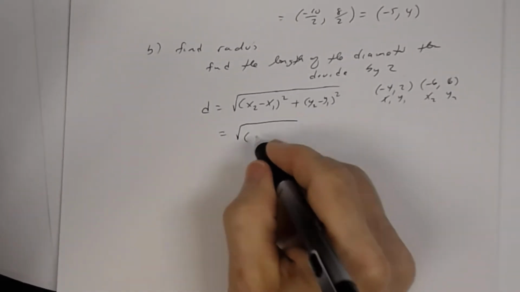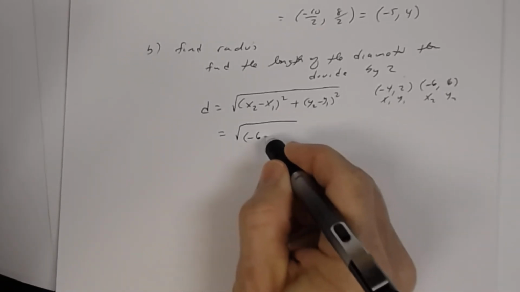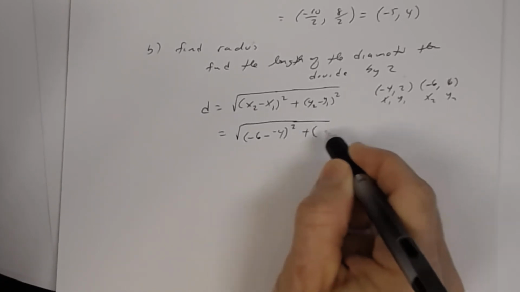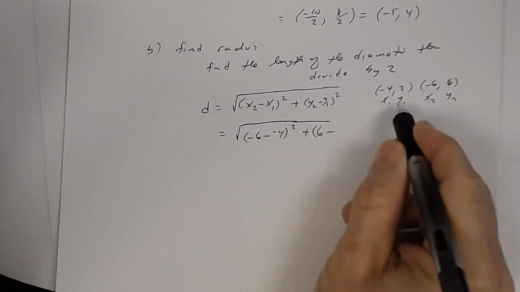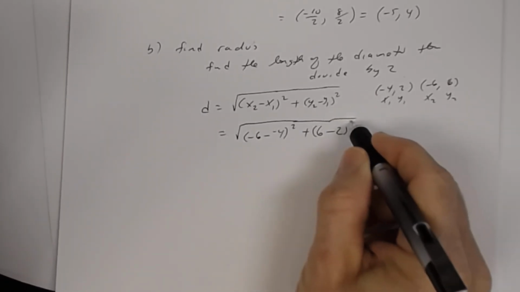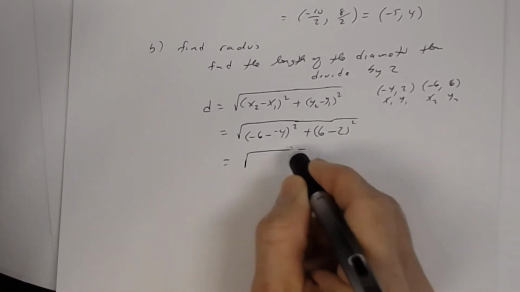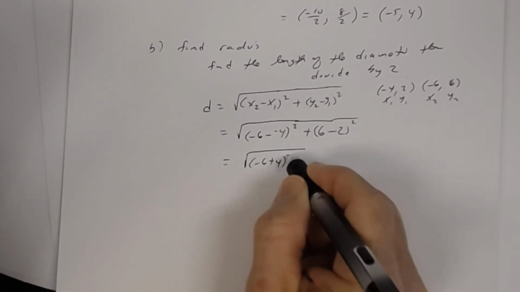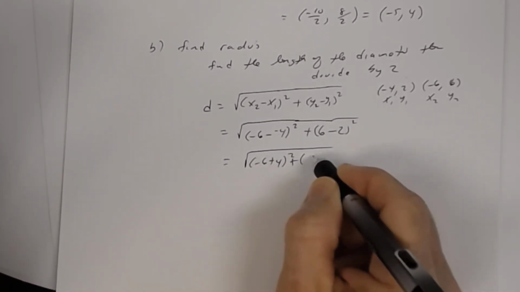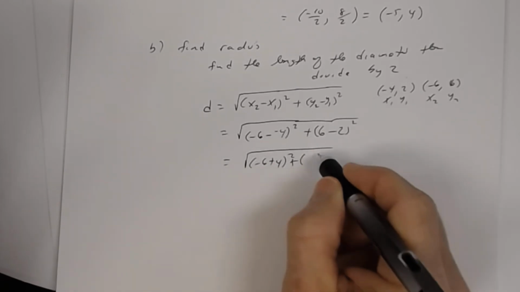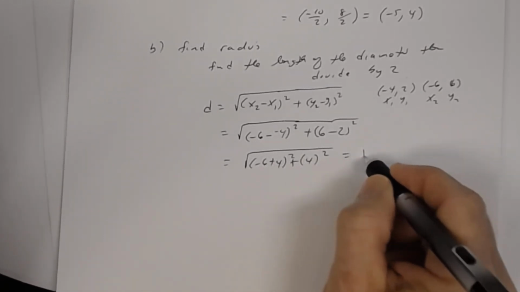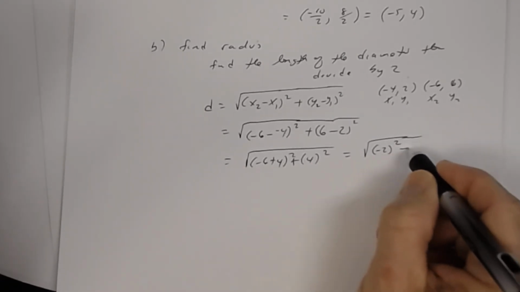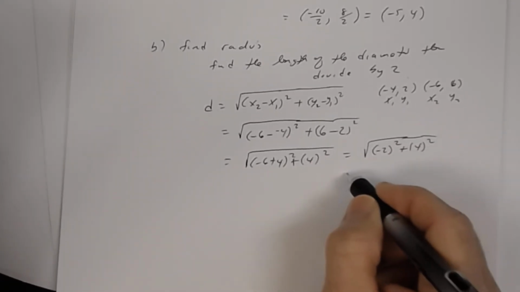So we get x2, which is negative 6, subtract x1, which is negative 4, squared, plus y2, which is 6, subtract 2 squared, equals the square root of, now this becomes negative 6 plus 4 squared, and plus, don't forget the plus symbol, and then 6 minus 2, that's easy, that's 4 squared. Negative 6 plus 4 is negative 2 squared, plus 4 squared, and let's go ahead and simplify this.